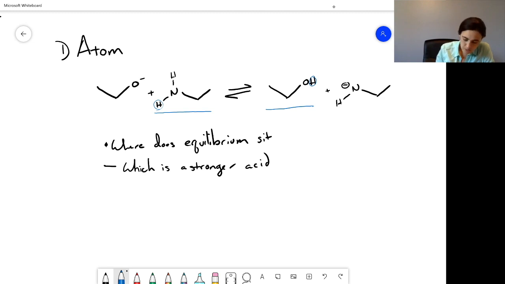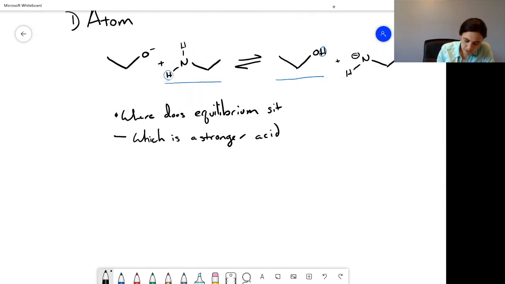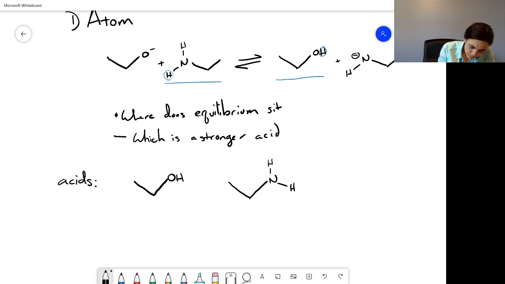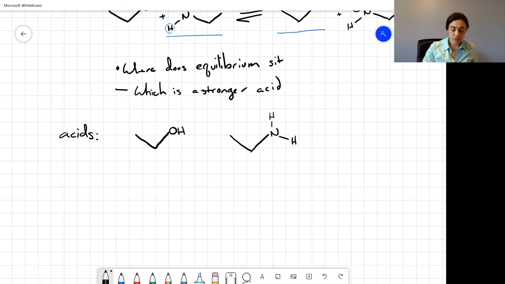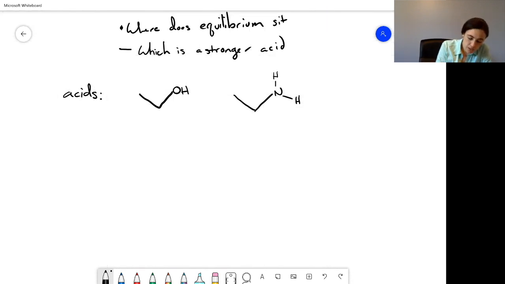All right, so if we look at our acids, we have these 2 compounds. So in order to assess which of them is a stronger acid without going to our pKa table, just to do a quick assessment of this, we can look at their conjugate bases.